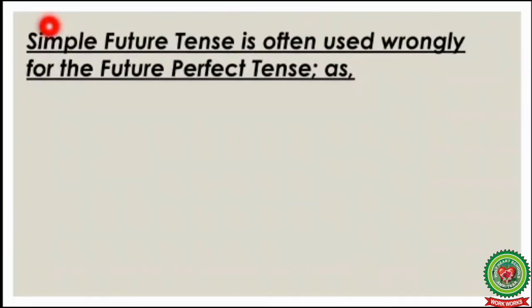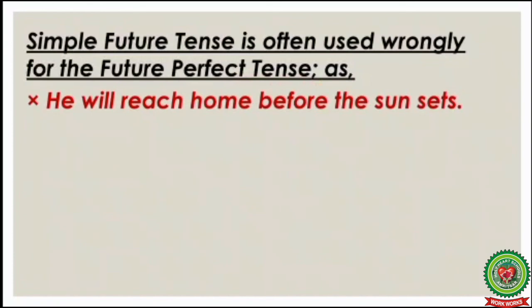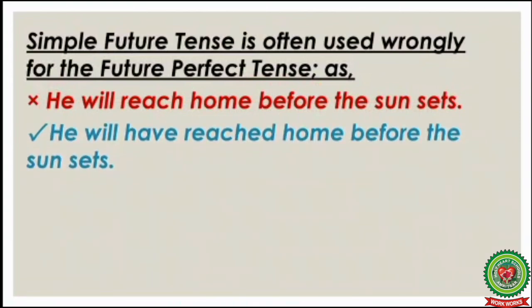Now, simple future tense is often used wrongly for the future perfect tense. He will reach home before the sun sets. This is incorrect. The correct answer is he will have reached home before the sun sets. Children, here also we are talking about two actions. First action is reach home.